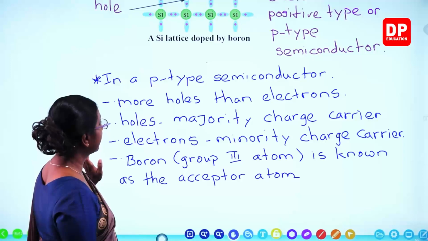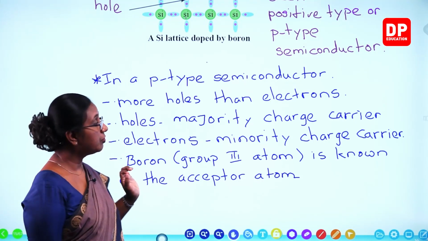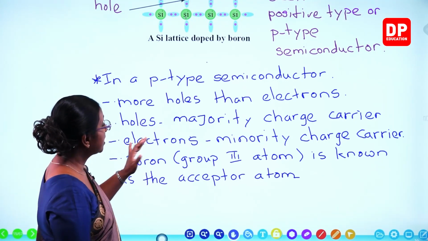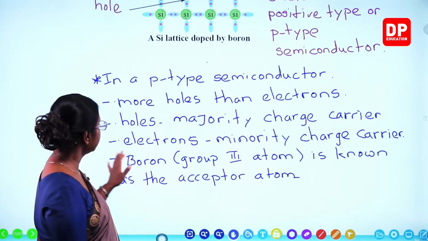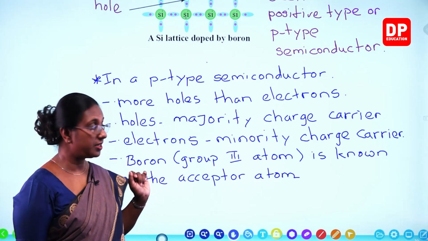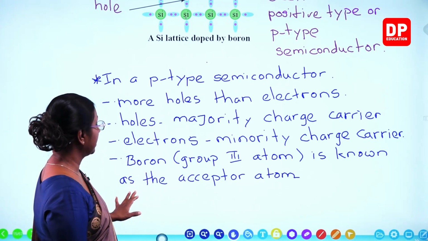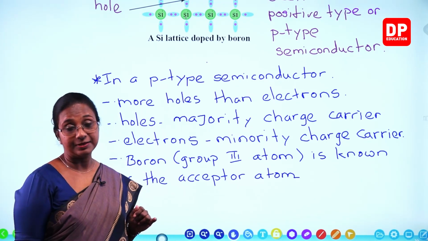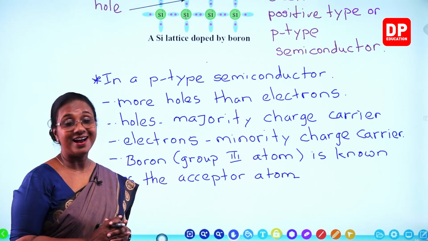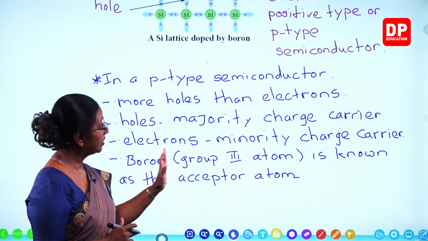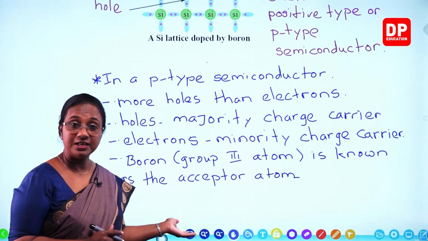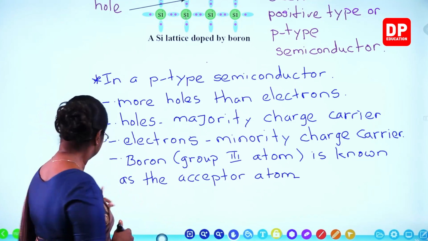And in this P-type semiconductor, there are more holes than electrons. Holes are known as the majority charge carriers. Electrons are known as the minority charge carriers. And boron, that is the group 3 atom, is known as the acceptor atom. I'm sure you all can understand that. So with this, students, I'll move on to the next slide where we continue with the discussion.